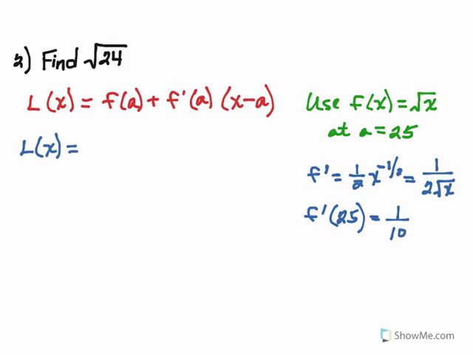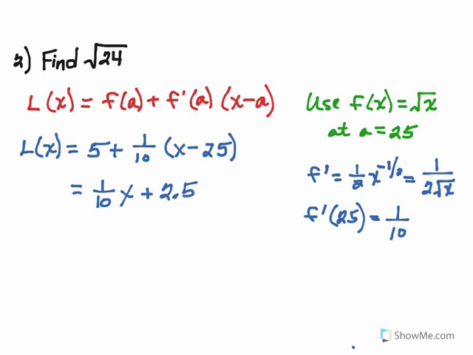F of a is going to be our f of 25 value, so that's simply 5. Square root of 25 is 5, plus f prime of 25, that's going to become our slope. That's 1/10 times the quantity x minus 25. If you go ahead and rearrange this, distribute the 1/10 and simplify a little bit, you obtain 1/10 x plus 2.5. And that becomes our linearization.